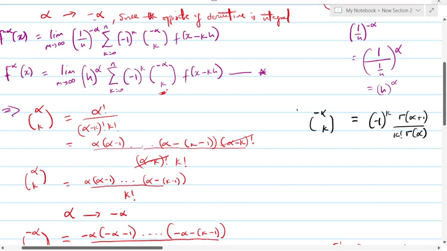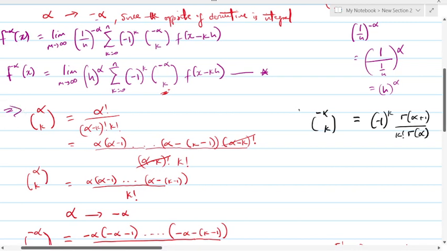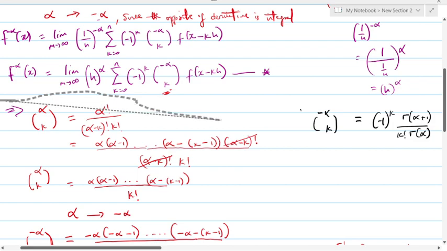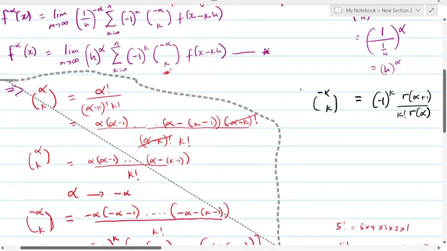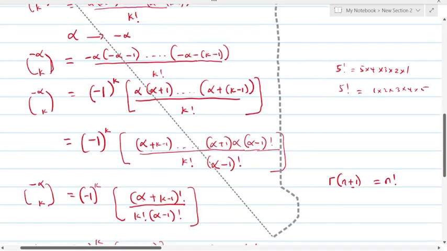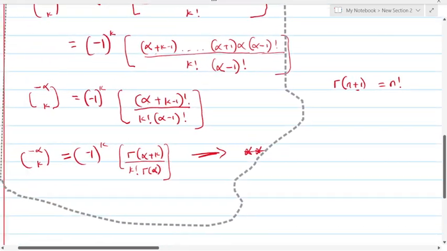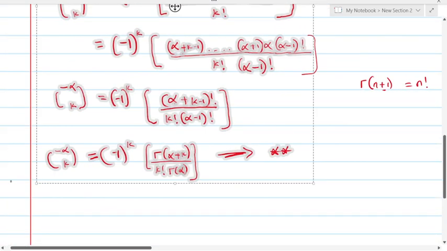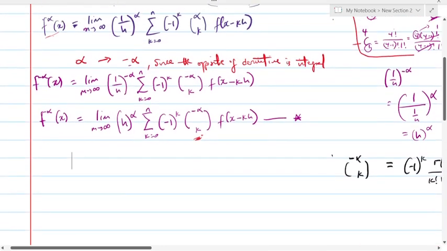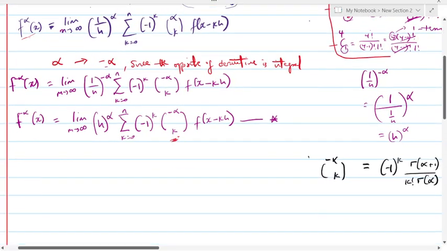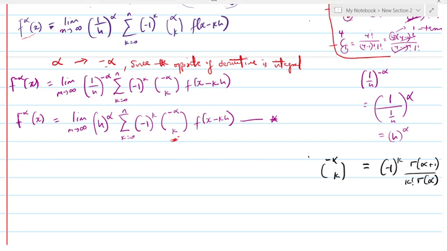So now I can clean this up and continue from here.